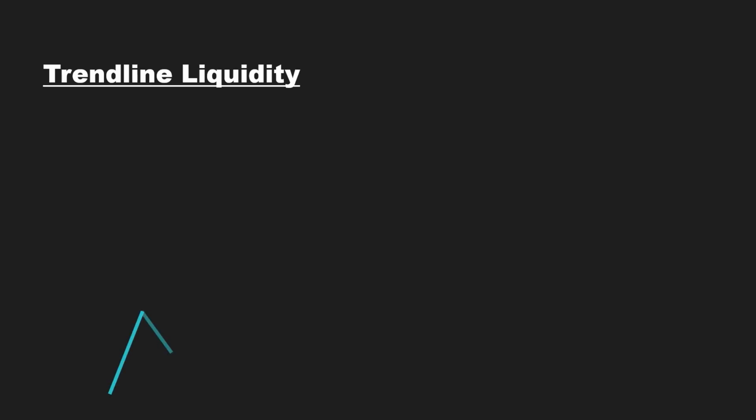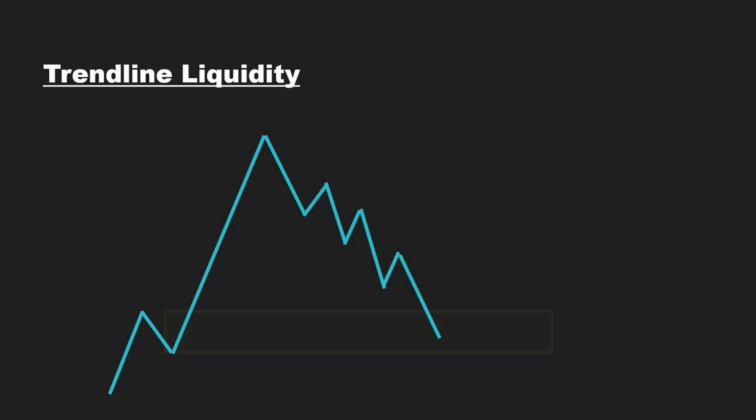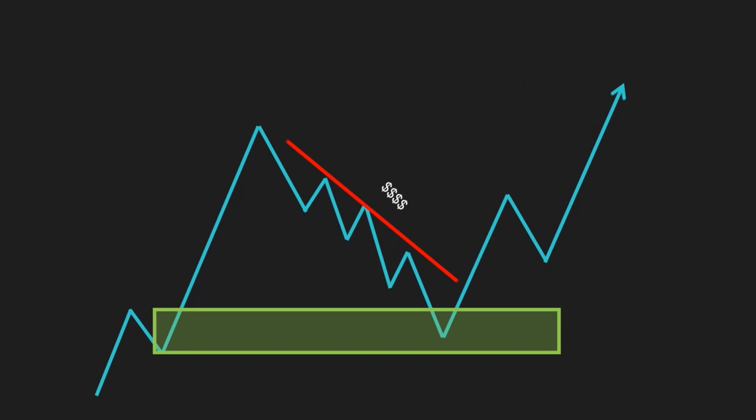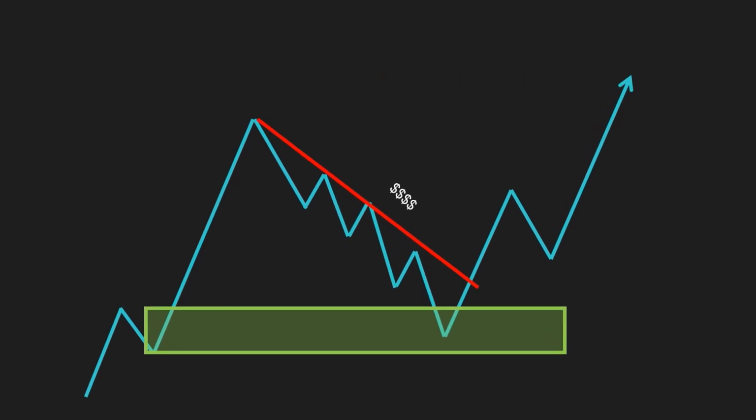Dynamic trend lines and channels also attract liquidity. When the price approaches the outer edges of these trend lines or channels, liquidity is typically found just above or below these boundaries. Another important aspect of determining your daily bias is recognizing recent liquidity sweeps. Look for these sweeps and stop hunts near key static liquidity areas, such as significant highs and lows or major supply and demand zones.